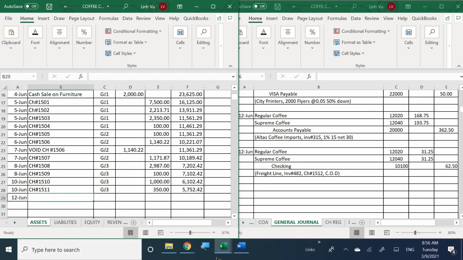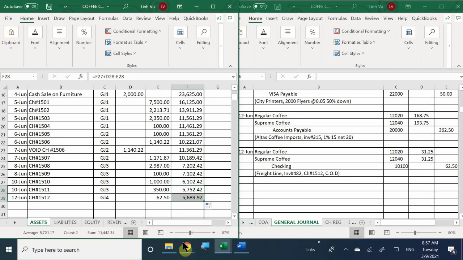We wrote check number 1512, again general journal number 4. And we are decreasing our account by $62.50. If we pull this down, that means we have $5,689 left in our bank account.